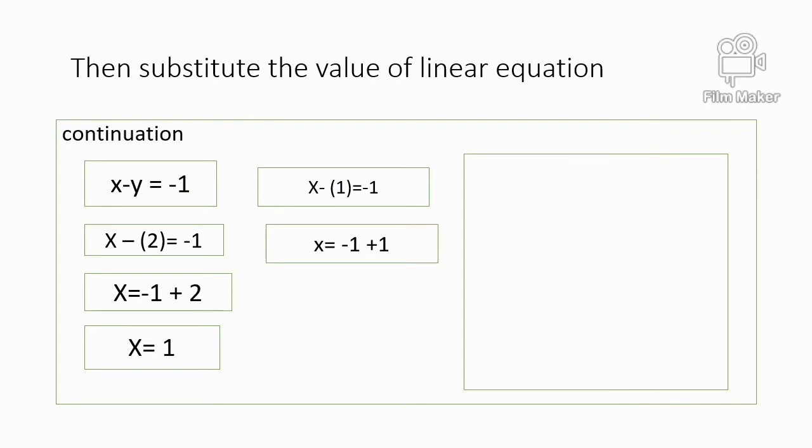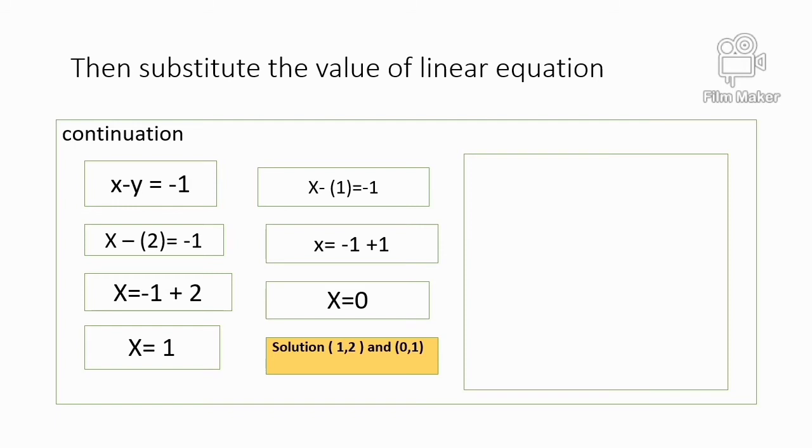Transpose negative 1, it will become positive 1. So x will be negative 1 plus 1. Therefore, x will become 0. So the solutions are 1 and 2, and the other one 0 and positive 1.